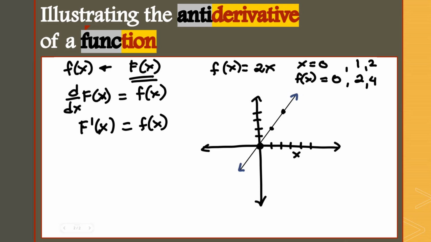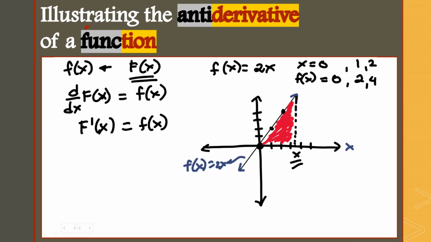When we come up with this region here for our x, this region bounded here is the area between our line, which is related to our function f of x is equal to 2x, and the x-axis. So this is the area for that.